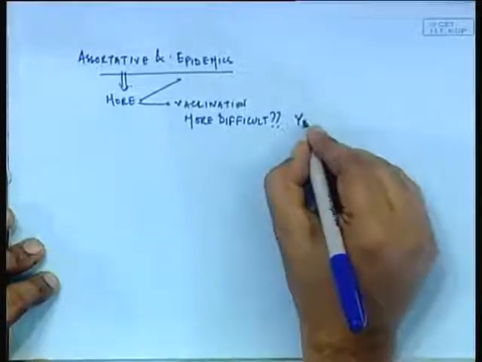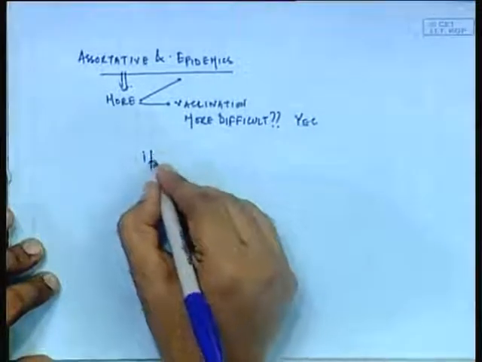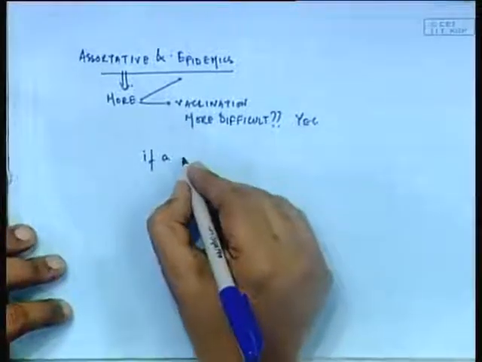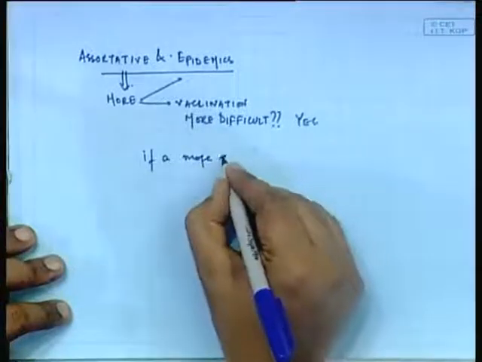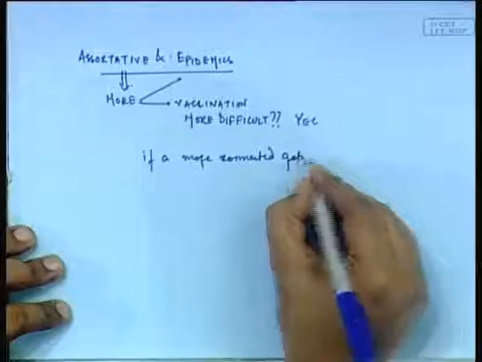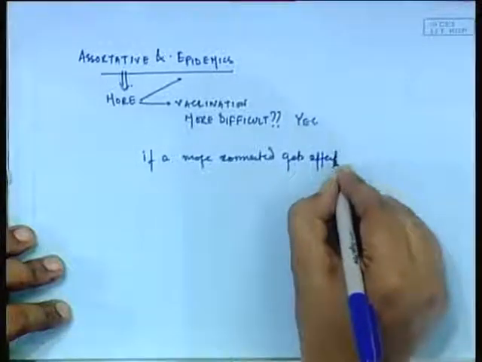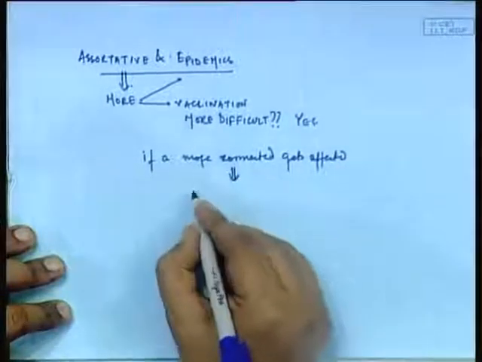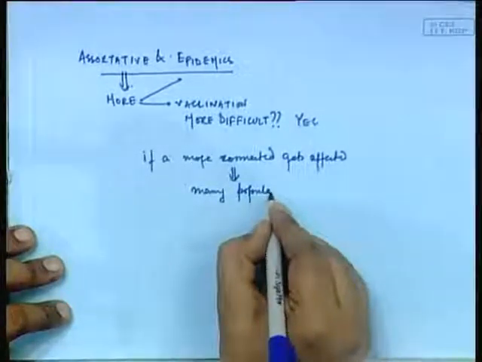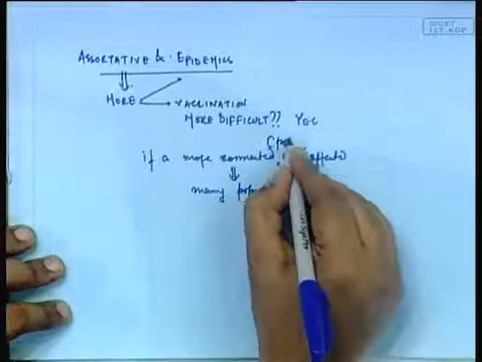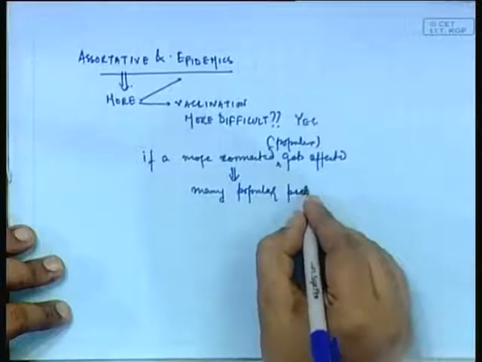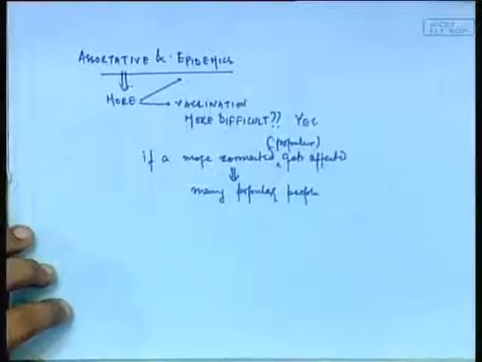Yes. Why? Because if a densely connected person, a more connected person, gets affected, immediately many popular people also begin to get affected.